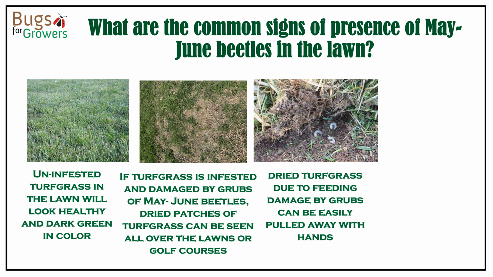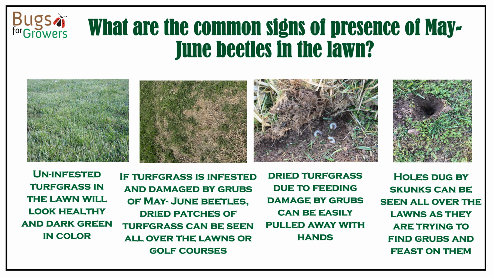Also, dried turfgrass due to feeding damage by grubs can be easily pulled away with hands. Another best sign of presence of grubs in the lawn is that holes dug by skunks or raccoons can be seen all over the lawns as they are trying to find grubs and feast on them.